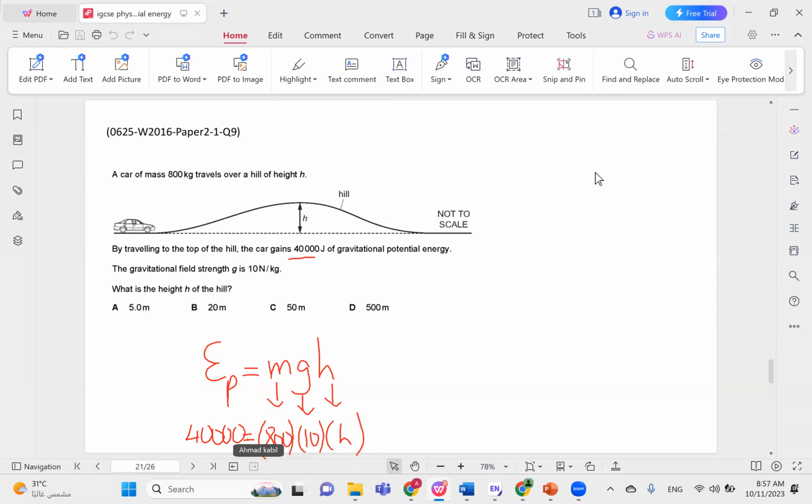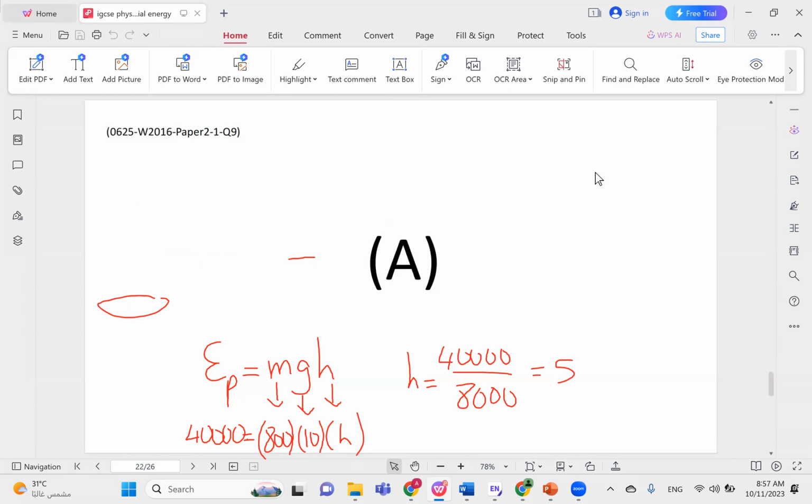All you have to do is divide 40,000 by 800 times 10, which is basically 8,000, and you can get your answer. I assume the height here will be 5. So the correct choice would be choice A.